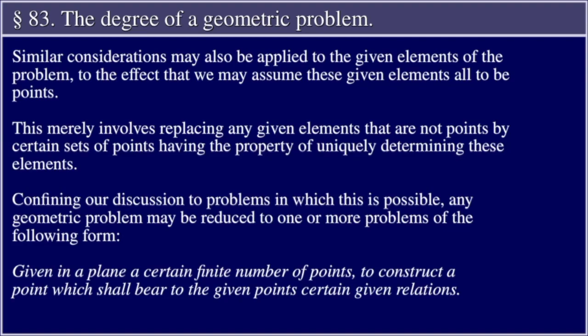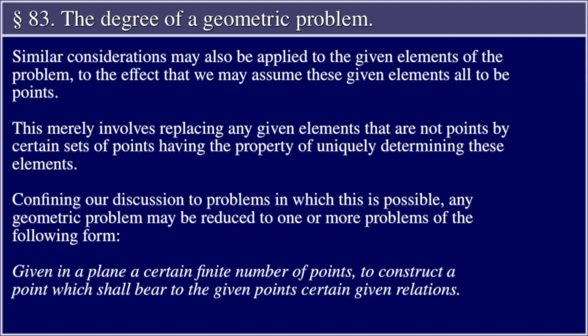Similar considerations may also be applied to the given elements of the problem, to the effect that we may assume these given elements all to be points. This merely involves replacing any given elements that are not points by certain sets of points having the property of uniquely determining these elements. Confining our discussion to problems in which this is possible, any geometric problem may be reduced to one or more problems of the following form.